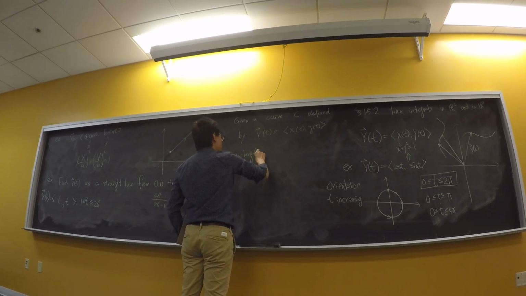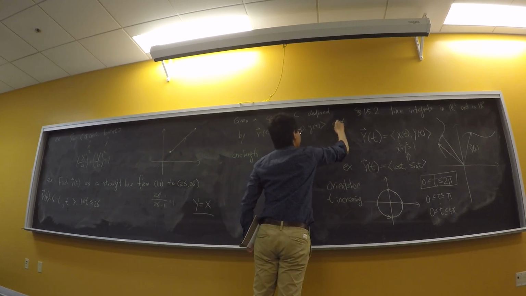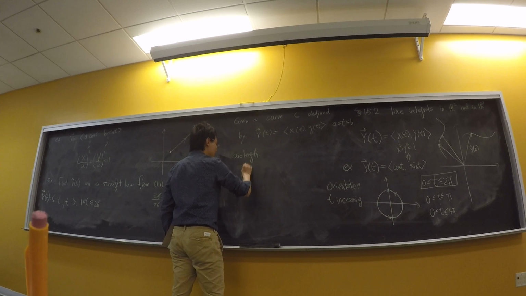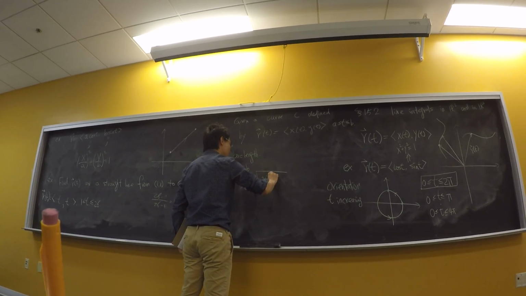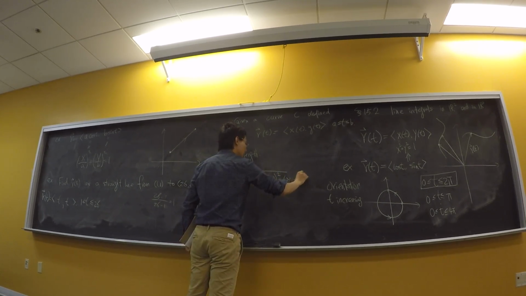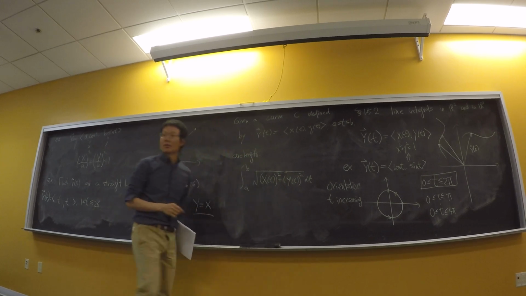It's not really a surprising formula. The arc length of the curve going from the initial point A to terminal point B is equal to the integral from a to b of the square root of x prime t squared plus y prime t squared dt. Have you learned this before?